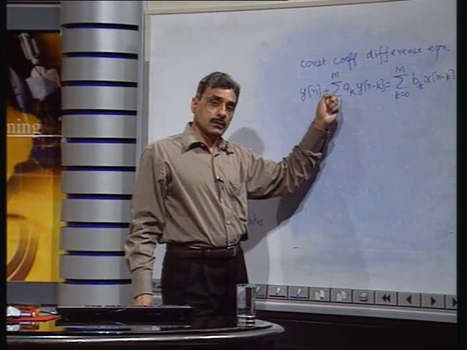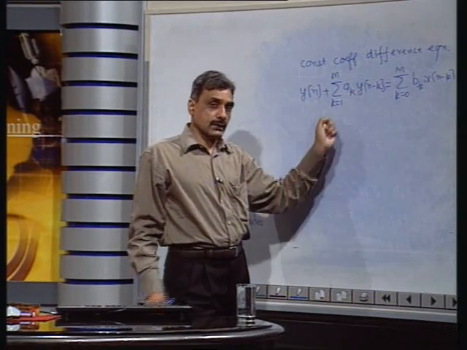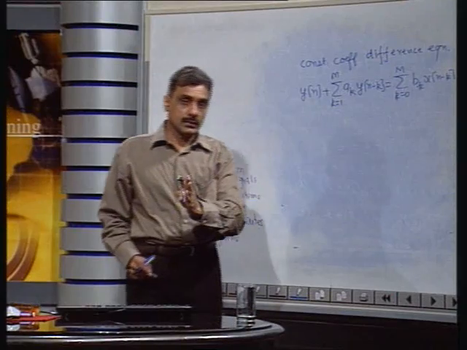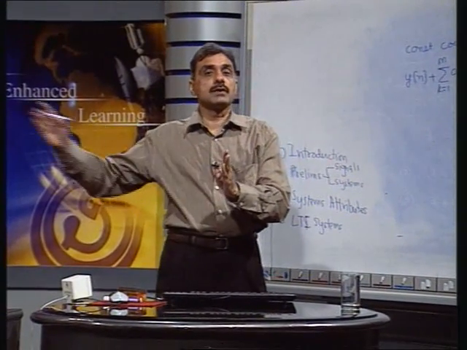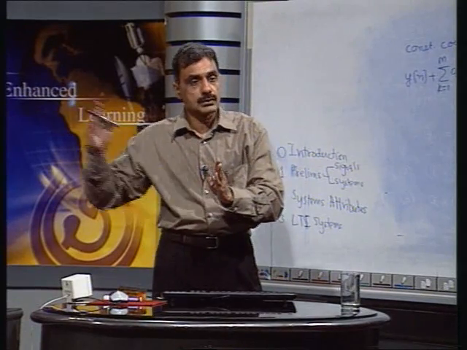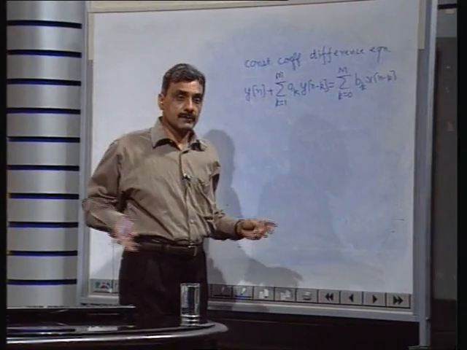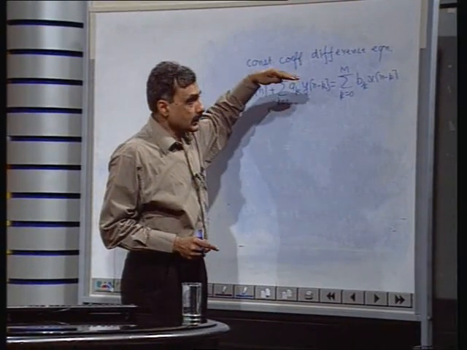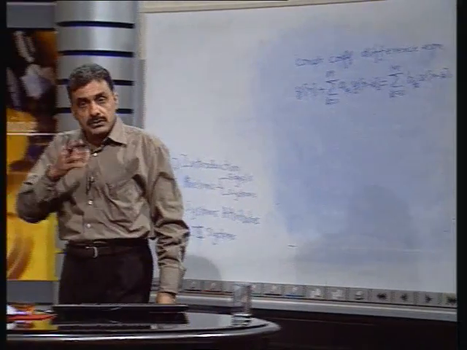When k is equal to 1, I am considering y of n minus 1, then y of n minus 2, up to y of n minus m. Similarly, I am using the present and past values of the input to produce an output, and I also impose a condition that the system is at initial rest.